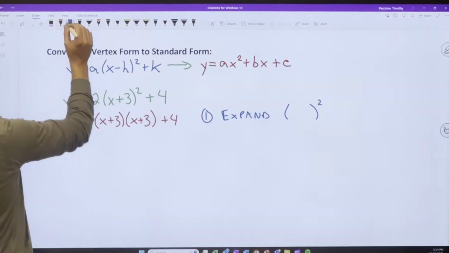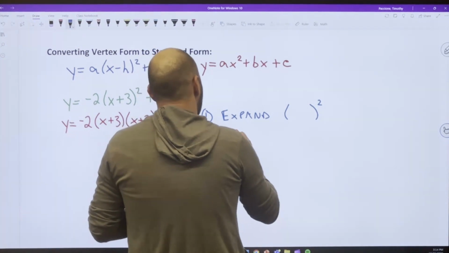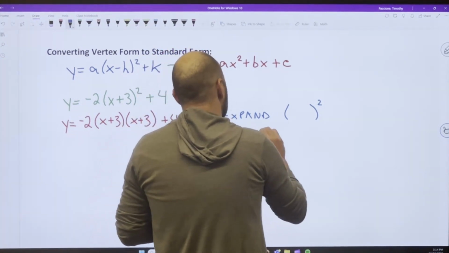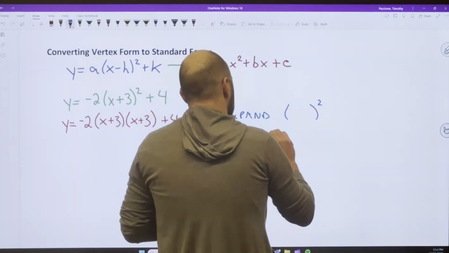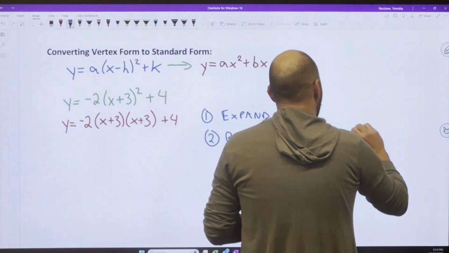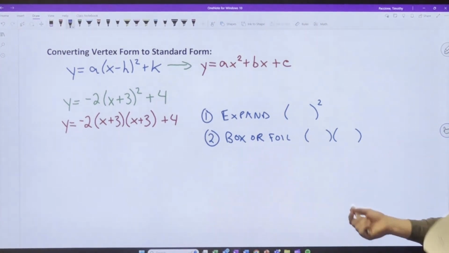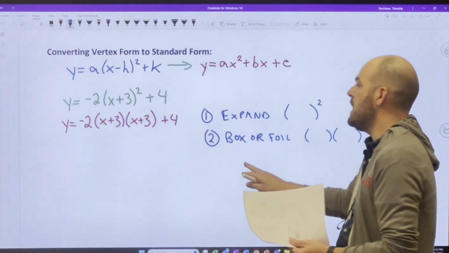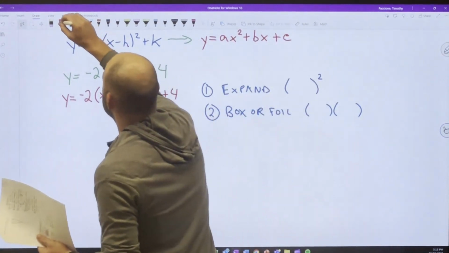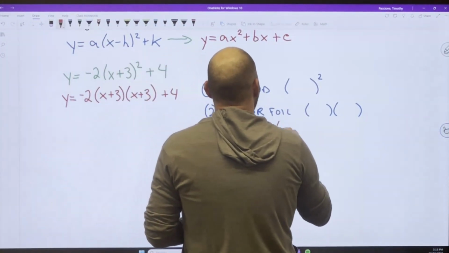Now my next step is I want to know what x plus 3 times x plus 3 is. So I would box or FOIL my parenthesis binomials now, right? So I have x plus 3 times x plus 3. I got to figure out what that is, and then I'll put that into the equation. So if I did that, I usually want to do it over to the side, right?